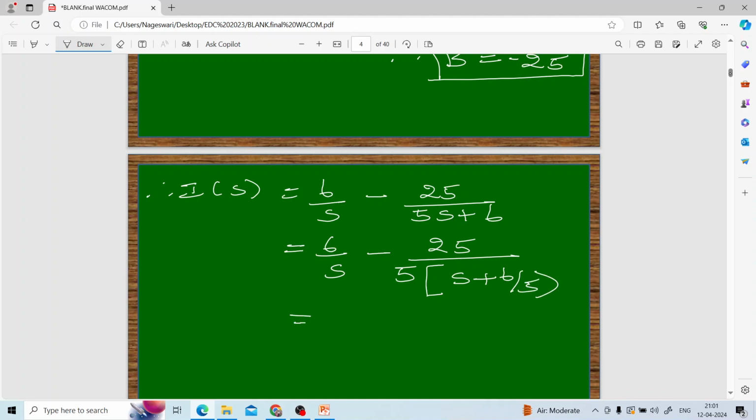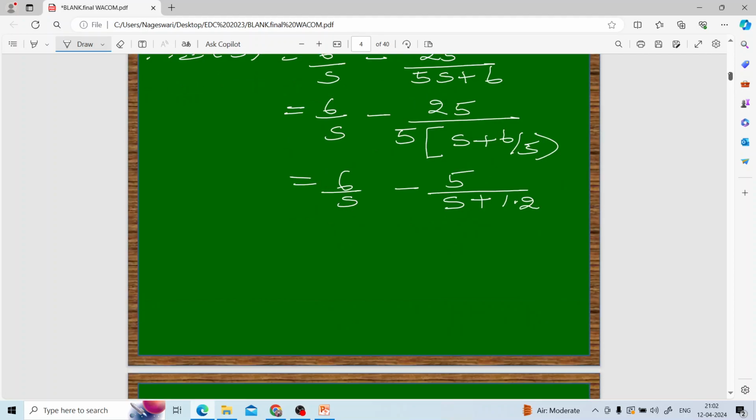Therefore I of S is 6 by S minus 5 divided by (S plus 1.2). Okay, this is your I of S.